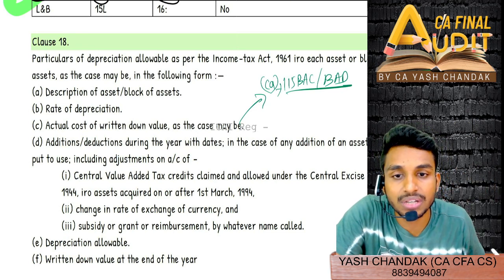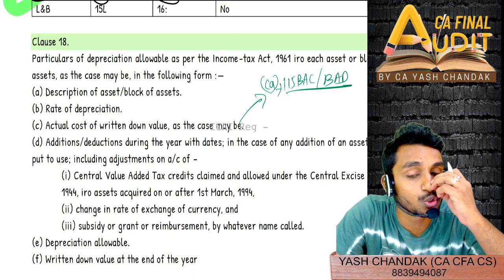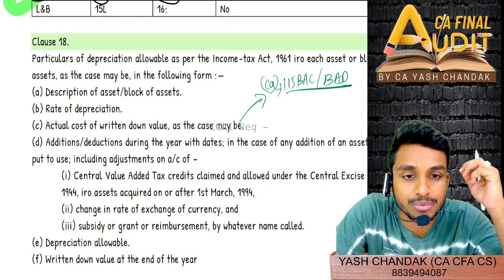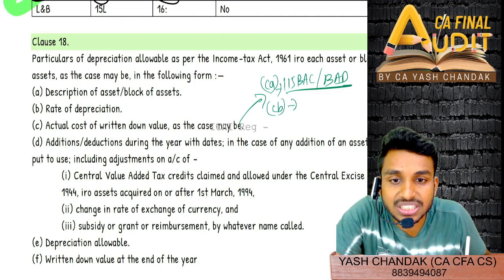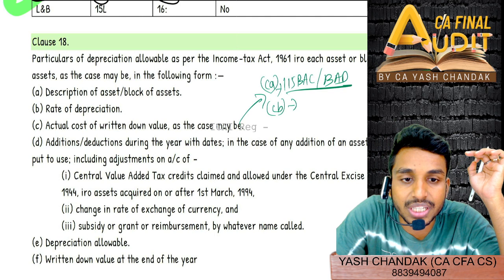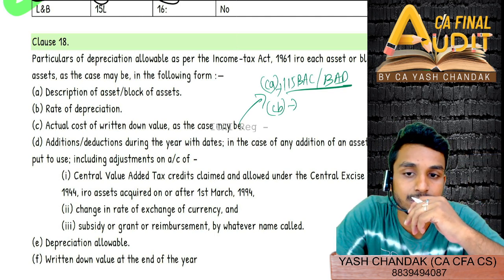This is only with respect to AY 21-22, because that is the only AY in which you could have opted for section 115BAC BAD. And then point CB, where it is given adjustment made to WDV of intangible asset due to excluding the value of goodwill of a business or profession.